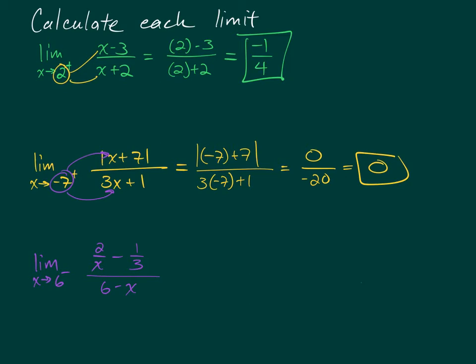And in this last example, we should always try substituting the 6 in for x first. But in this case, when you do that, you end up with a 0 over 0. And hopefully, in this example, you can see that you will need to use the LCD technique to actually calculate this limit.